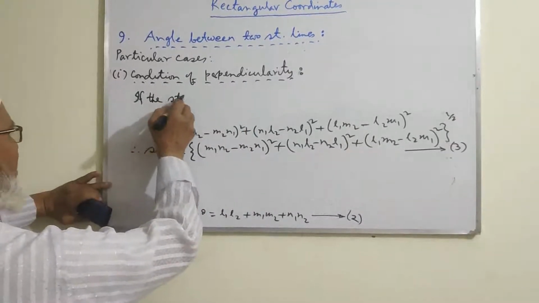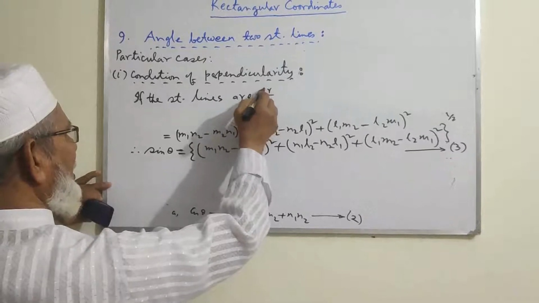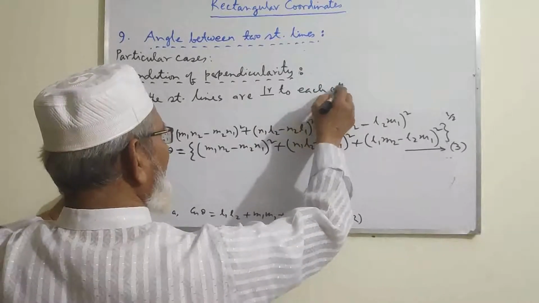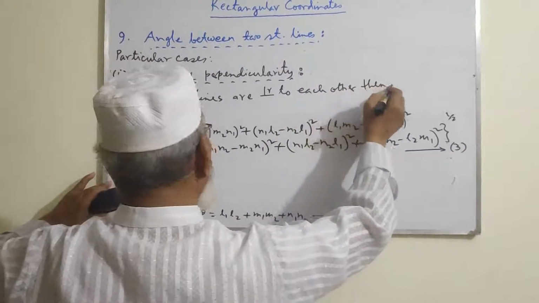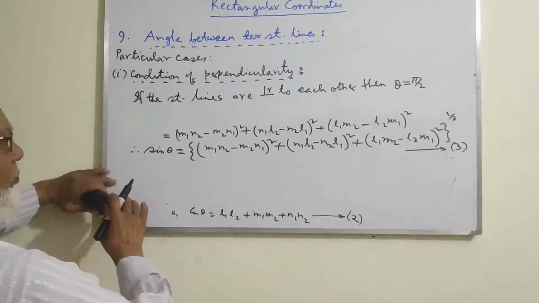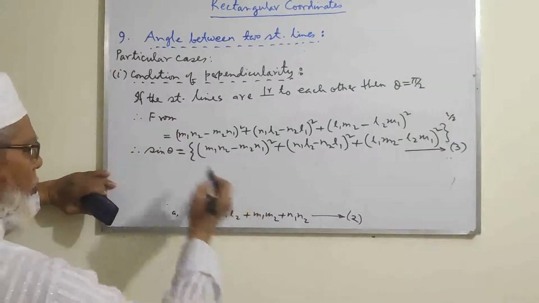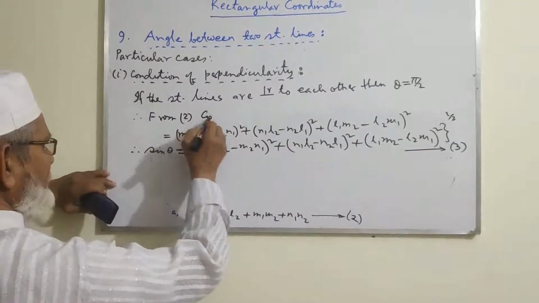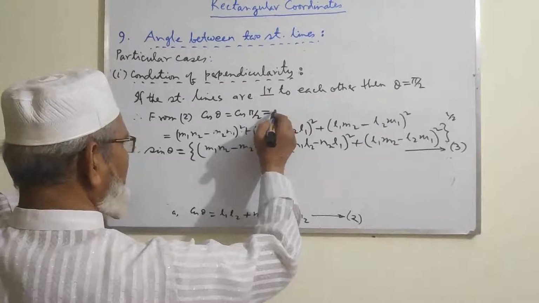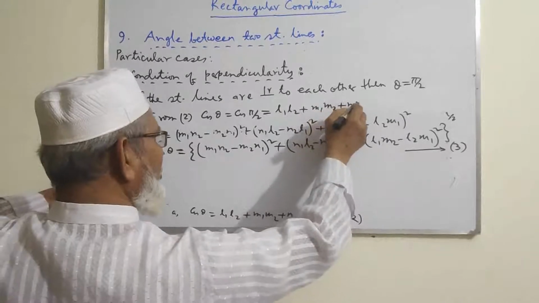If the straight lines are perpendicular to each other, then theta is pi by 2. Therefore, from 2, cos theta is cos pi by 2 equal to L1 L2 plus M1 M2 plus N1 N2.